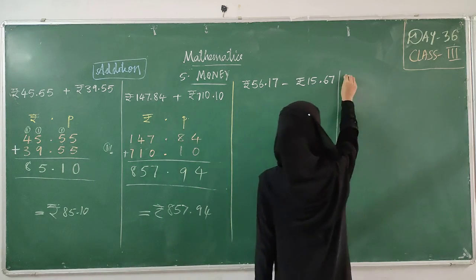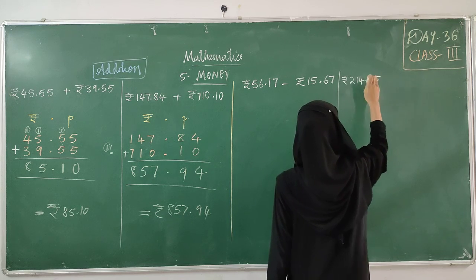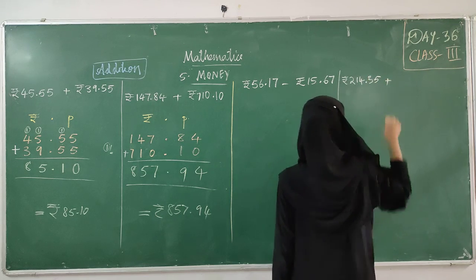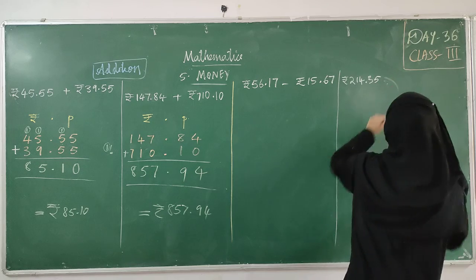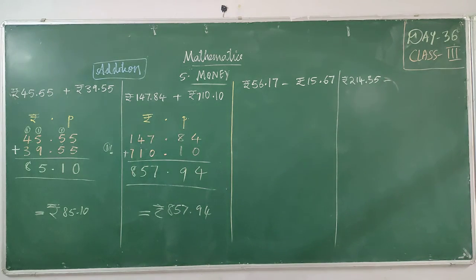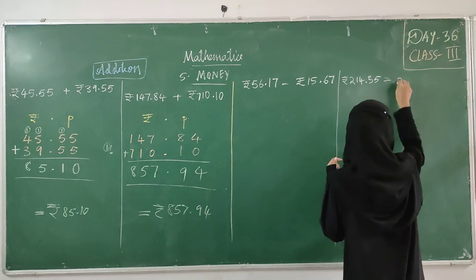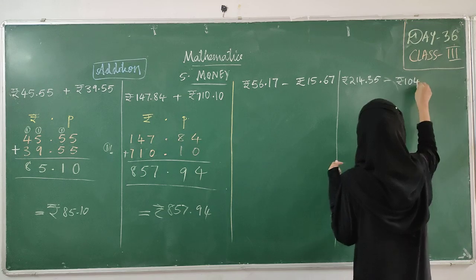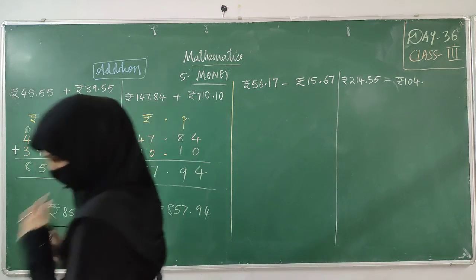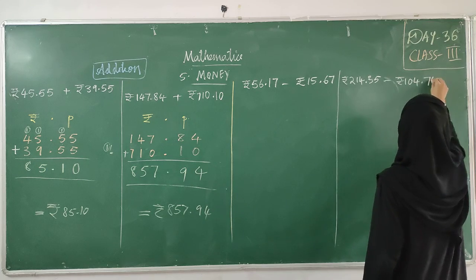Rupees 214.35 minus 104.75. See, you should be careful with the signs.